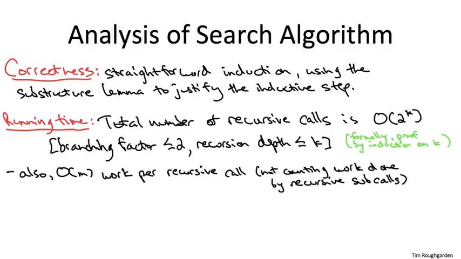So even with a very sloppy implementation where you have to construct G sub u and G sub v from the input graph G, even if you do that crudely, you're going to get a linear time bound, big O of m work per recursive call, not counting the work that gets done later by the recursive subcalls. So that means an upper bound on the total amount of work done by this algorithm is the number of recursive calls 2 to the k times the work per call m, 2 to the k times m.